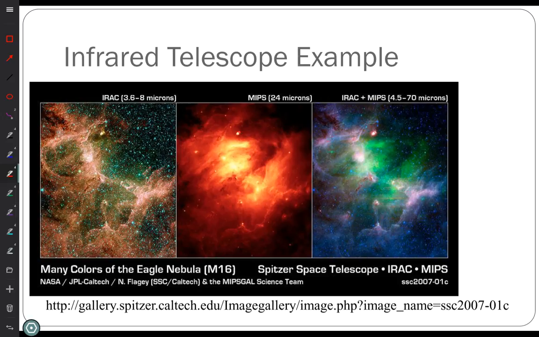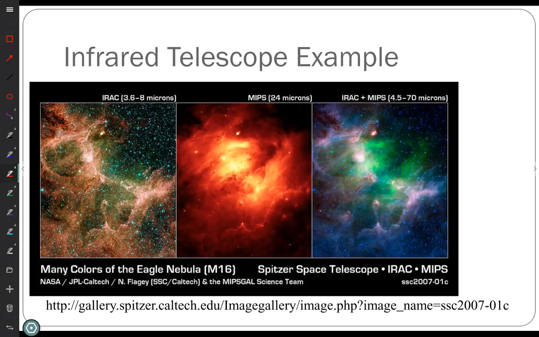The one on the right is including multiple ranges, and the colors represent different wavelength ranges. So the one on the left, you have very short infrared. The one on the right, you're going from short to long infrared. And you can see these are all looking at the same place. And you see here in the shorter infrared, a lot of detail.